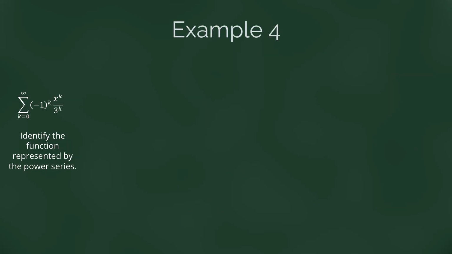All right, in this example, we're going to determine if the given power series represents a particular function, see if we can identify what that function might be. So we have the sum from k equals 0 to infinity of negative 1 to the k times x to the k over 3 to the k.